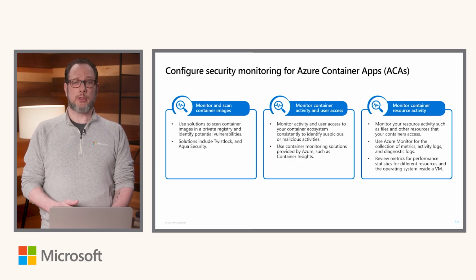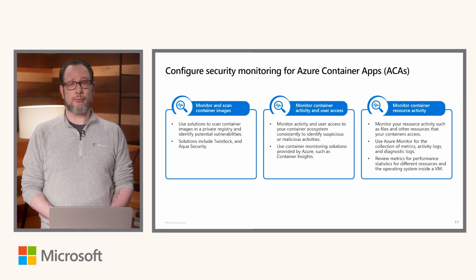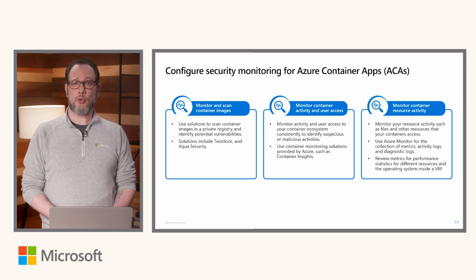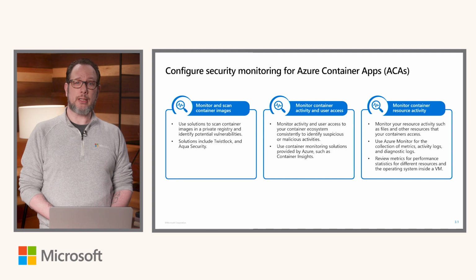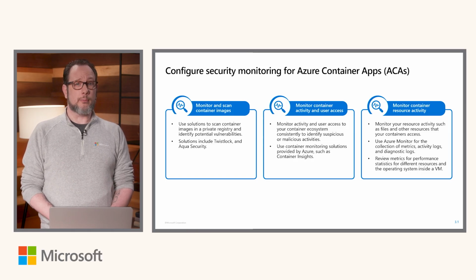So for the exam, you need to know how to monitor and scan images for security vulnerabilities, but also how to watch over live running containers for any security issues and overall resource activity monitoring, as an unexpected load in runtime could actually also be an indicator of a potential security attack.